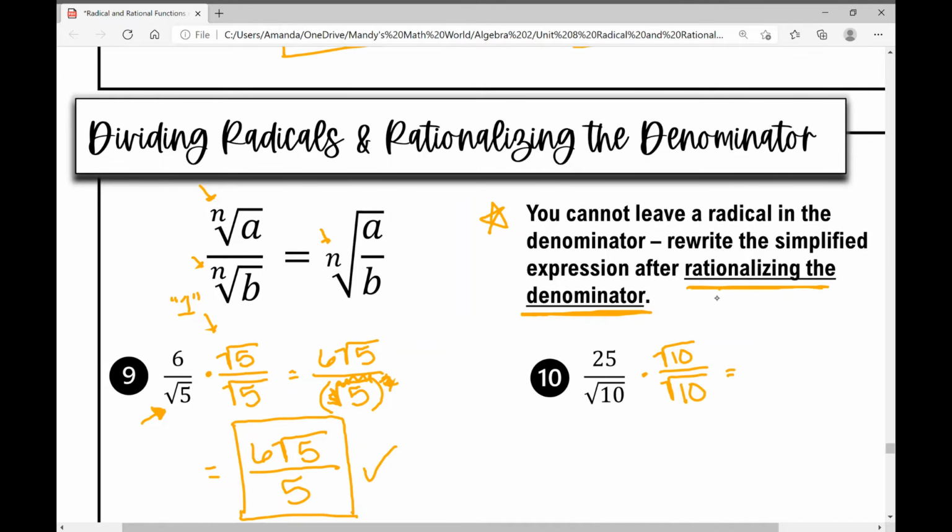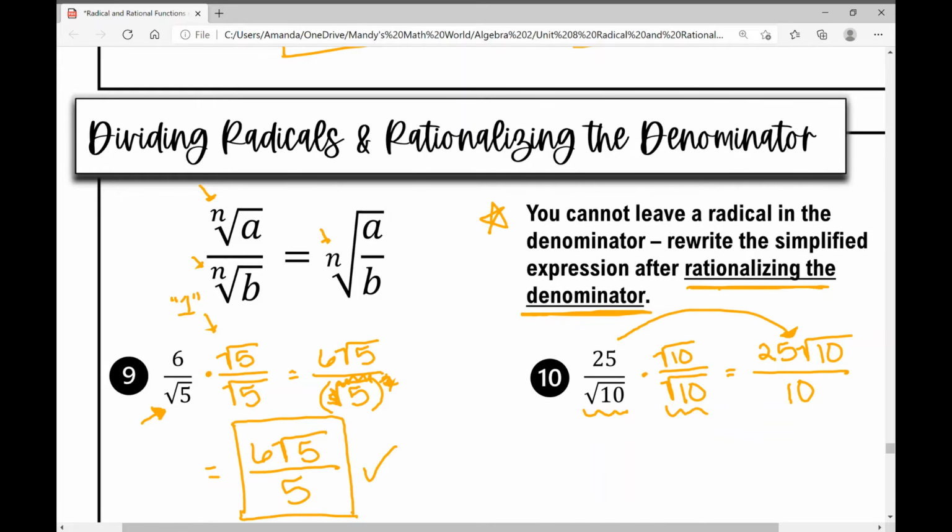And I get 25 root 10 over, let's go ahead and write it this way, the square root of 10 times the square root of 10, well, that's just 10. So you'll see a lot of students skip from this step to this step, because what do they see? They see that we just took that radical and the radicand, what's in the denominator, moved it to the top and removed the radical in the bottom.